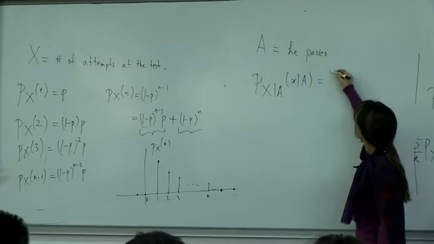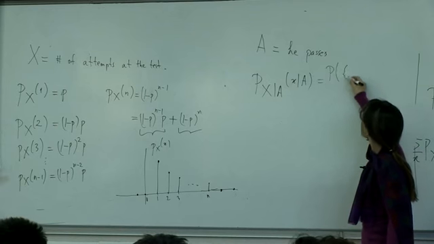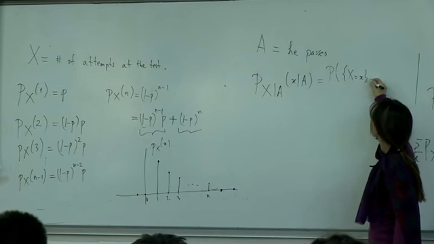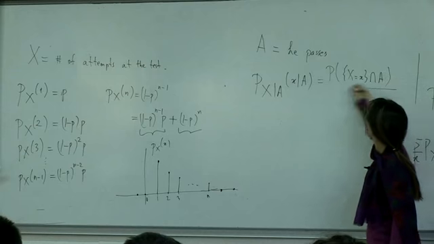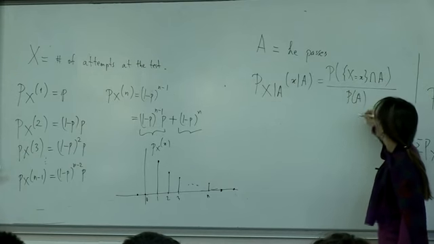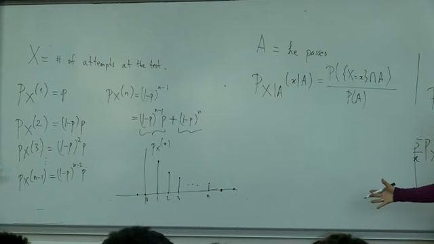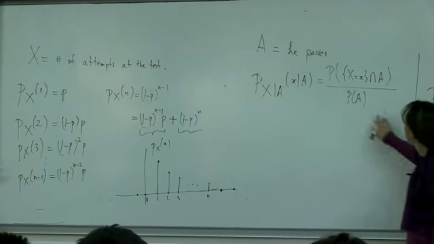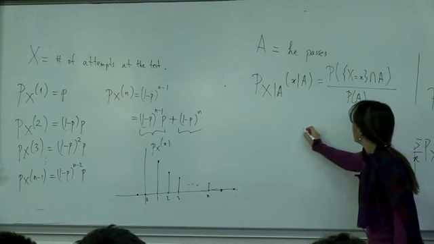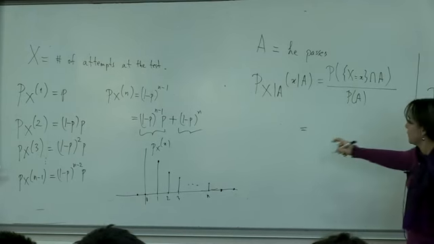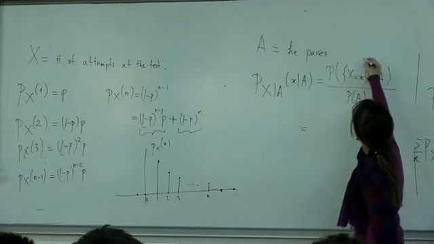So, the probability that x equals x and A, divided by the probability of A, will be computed for x from 1 to n. Now, what is the probability of A, by the way?